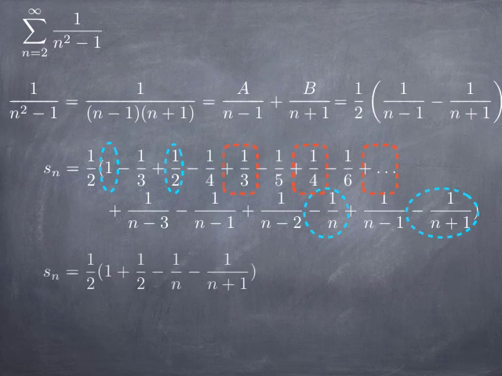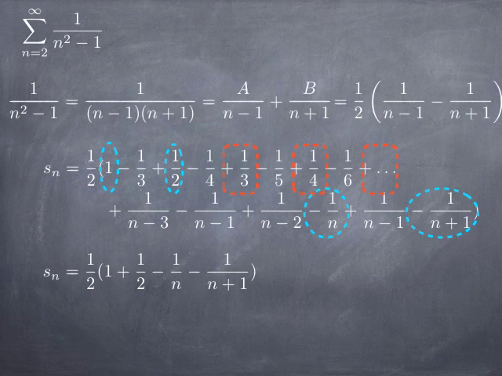And that means that a simplified expression for our partial sum is 1/2 of 1 plus 1/2. These are the two terms at the beginning that do not cancel out. And then we have two terms at the end that do not cancel out, which are negative 1 over n and negative 1 over n plus 1.